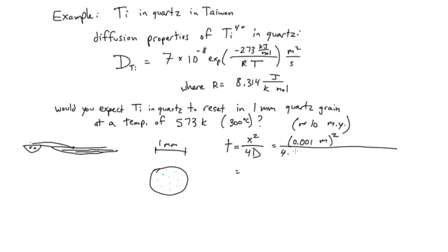4 times 7 times 10 to the minus 8, times the exponent of minus 273 kilojoules per mole, over 8.314 joules per Kelvin per mole, times 573 Kelvin. And let's check the units here. So we have kilojoules and joules.